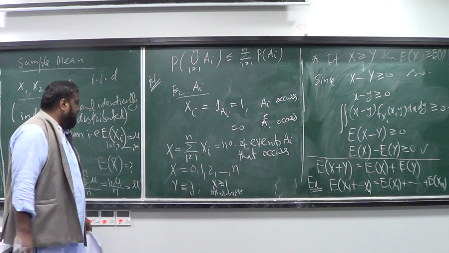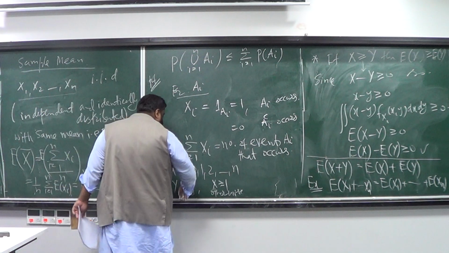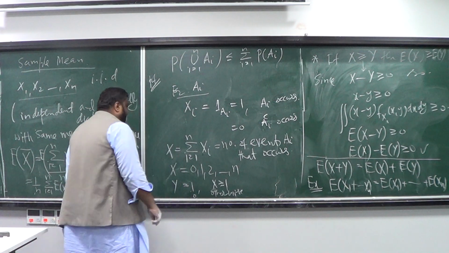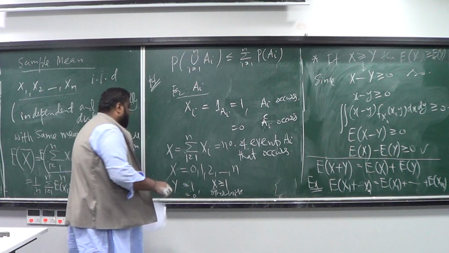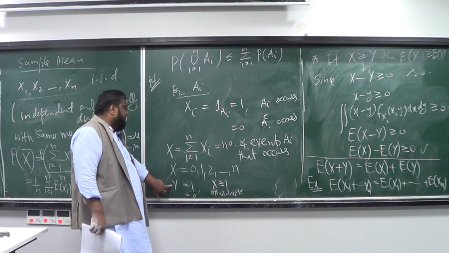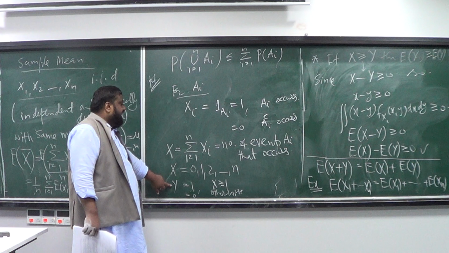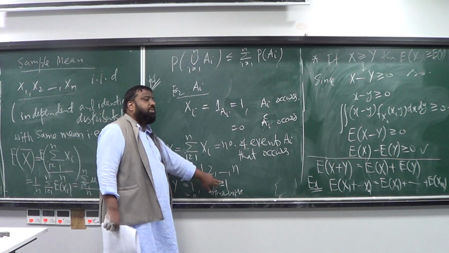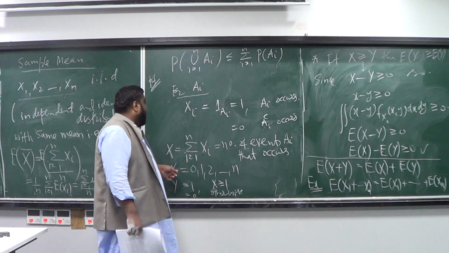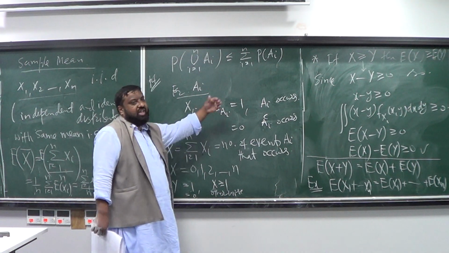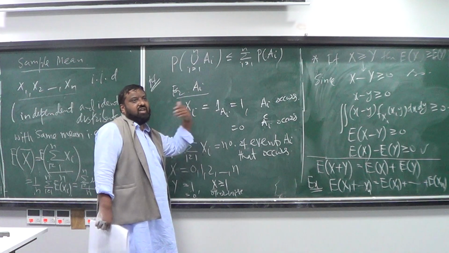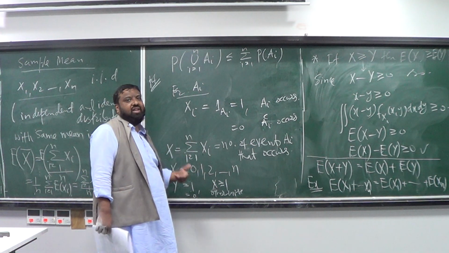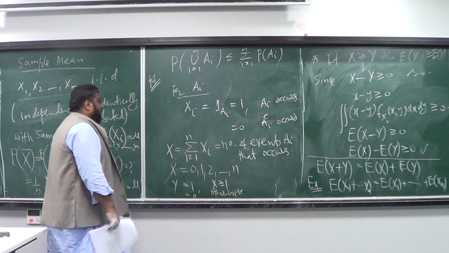How can you interpret this Y? Y may be interpreted as a random variable saying that at least one of the A1, A2, ..., An occurs, since X would be bigger than or equal to 1 if at least one of them occurs.